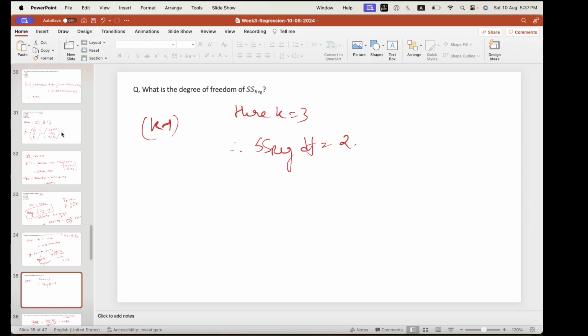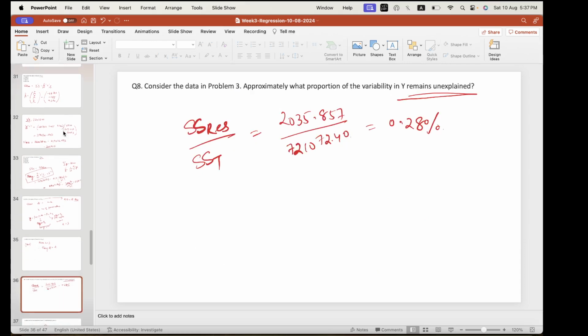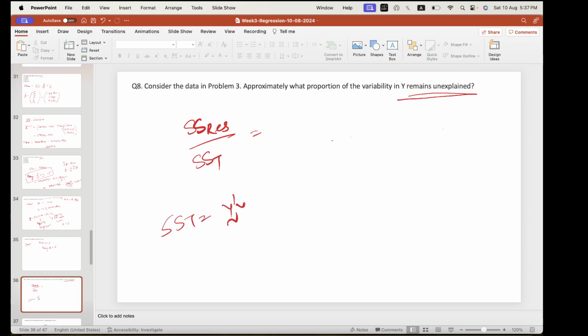No, this is fine. The problem is SST is this one minus n y bar square. Yeah, got it. So SST is actually y transpose y minus n y bar square.